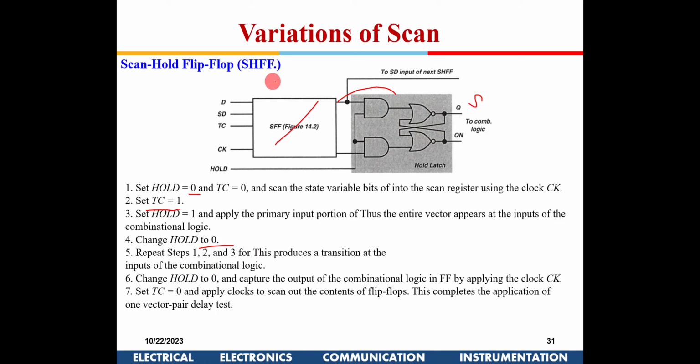Repeating the steps means you put the new data, and after putting the new data, you again trigger the hold signal. From the place where you trigger the hold signal, the next clock signal should be active 1 clock duration, so that we know the combinational logic has settled down and correctly computed the new value depending on the next test vector within 1 clock period.